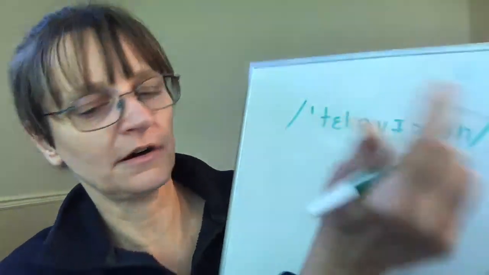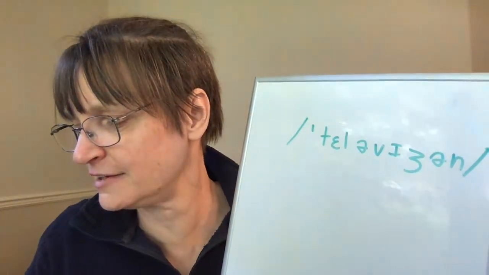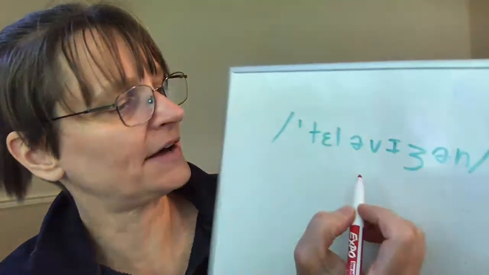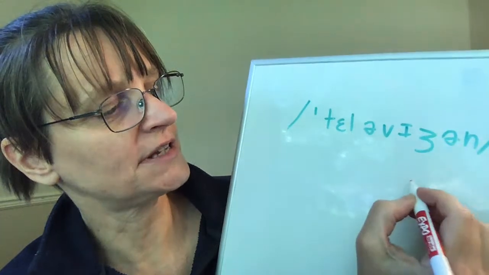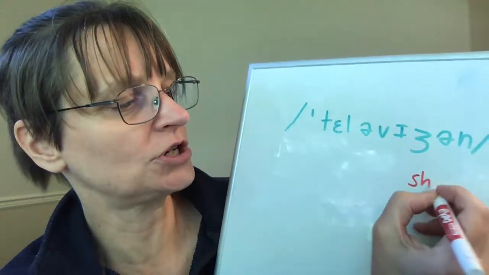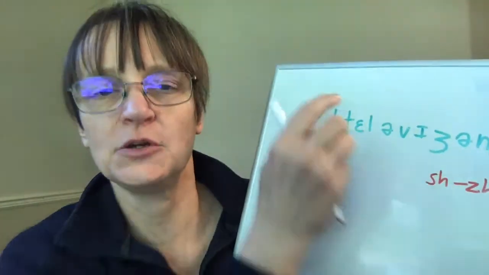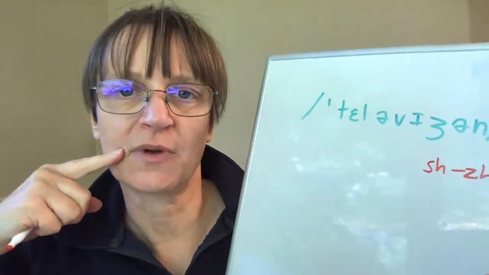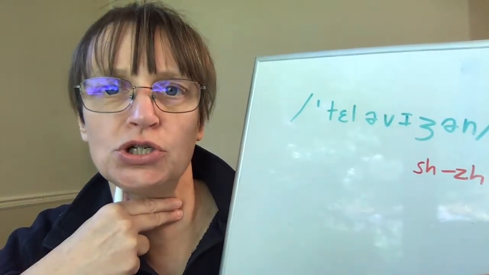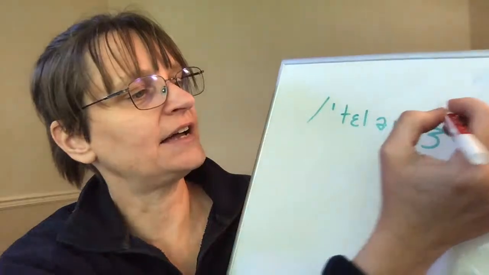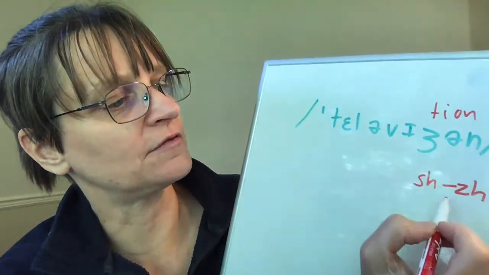So many of our word of the day videos recently had this pattern of the zh sound. It sounds like an sh, but with our voice on. So sometimes I write that as a zh. Basically, you want to have the sh mouth position, like shh, and turn your voice on. And so the tion in this word sounds like a zh, and that's a vowel schwa.